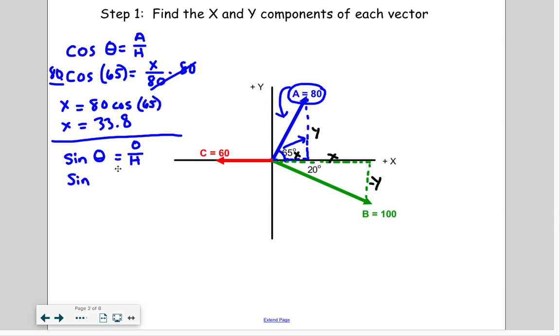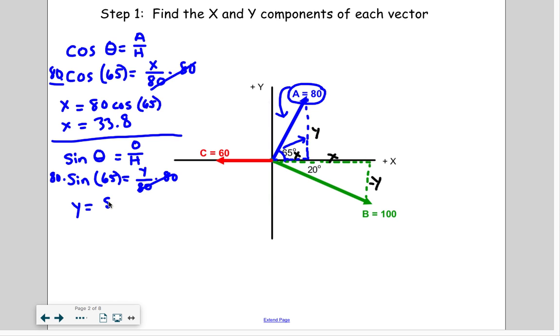I'm going to put in sine of 65 equals the opposite side, which is my y, over the hypotenuse, which again is 80. Multiplying both sides by 80, we come into that same situation I was just mentioning: it's always going to end up being hypotenuse times sine or cosine.